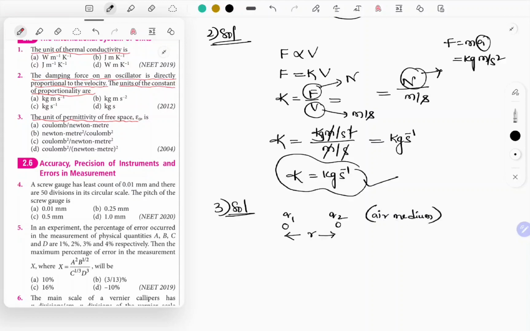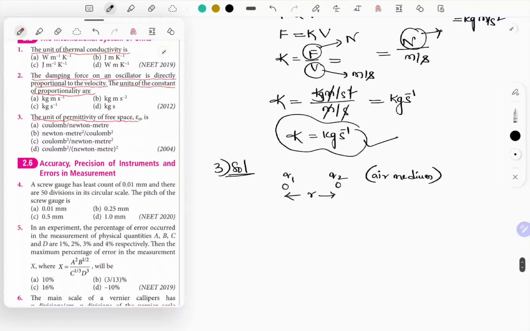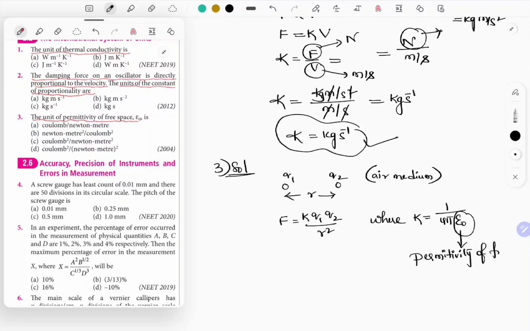Then the force of attraction or repulsion between those two charges is F equal to K times Q1 Q2 by R square, where K is the proportionality constant and it is replaced as K equal to 1 by 4 pi epsilon naught, where this epsilon naught is called the permittivity of free space.